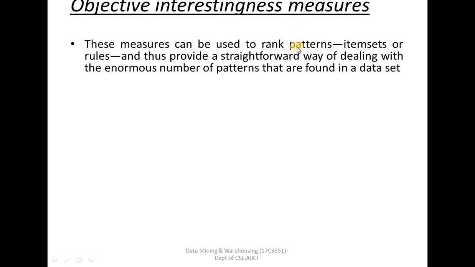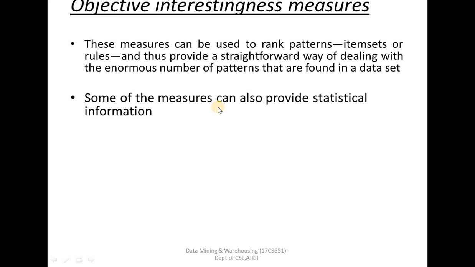If we use the term patterns, that means itemsets or rules, and thus they provide a straightforward way of dealing with the enormous number of patterns that are found in the data set. So, the objective interestingness measures are used to rank the patterns, in such a way we can deal with the large number of association patterns found in the data set.